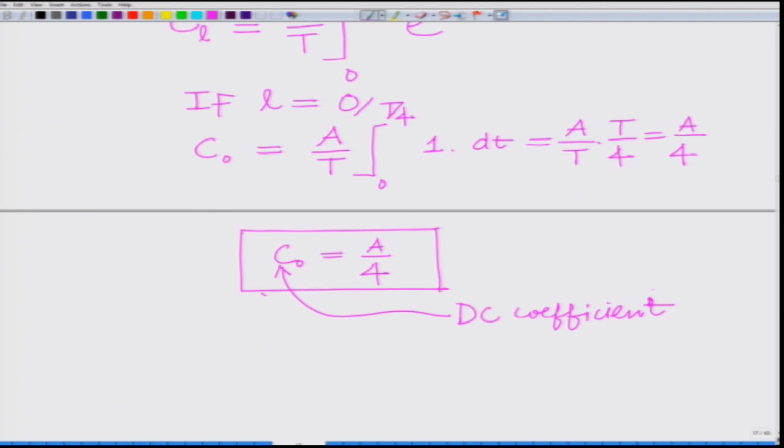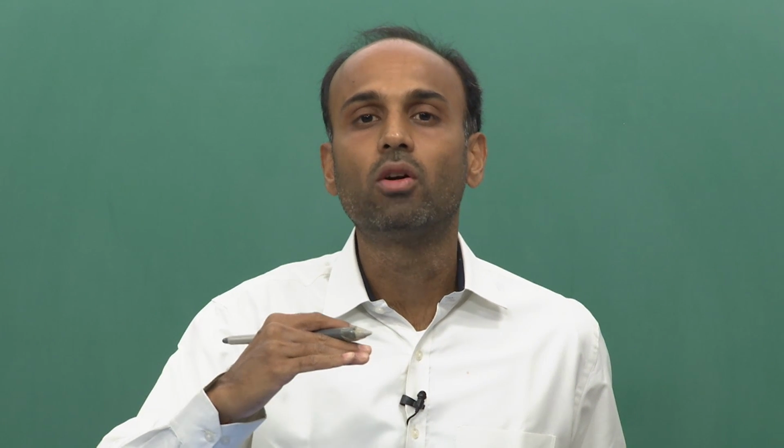The rest all, which correspond to non-zero frequencies, that is L not equal to 0, are known as the AC coefficients. AC is something that is varying with time, and DC, because it is a 0 frequency, is constant with time. So, this is the DC coefficient which we have evaluated as A over 4. Now, let us evaluate the rest of the coefficients.